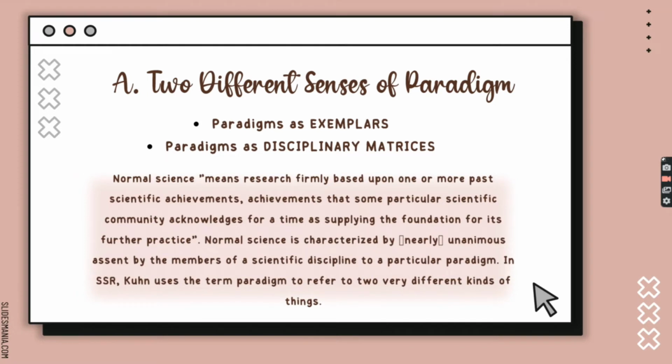Normal science means research firmly based upon one or more scientific achievements, achievements that some particular scientific community acknowledges for a time as supplying the foundation for its further practice.